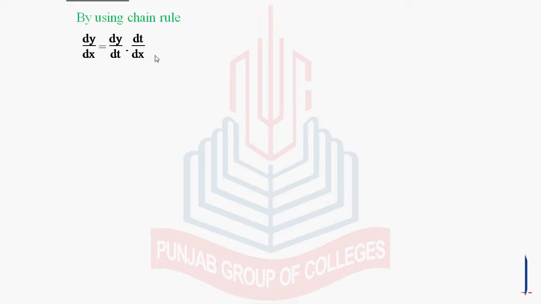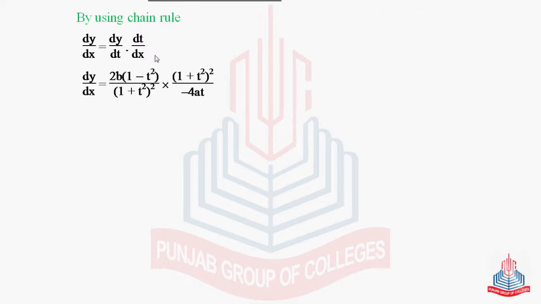So by putting this value, dy by dt is 2b into (1 minus t square) over (1 plus t square) whole square, into dt by dx, that is actually the reciprocal of dx by dt, which we calculated in our previous slide, that is (1 plus t square) whole square divided by minus 4at.